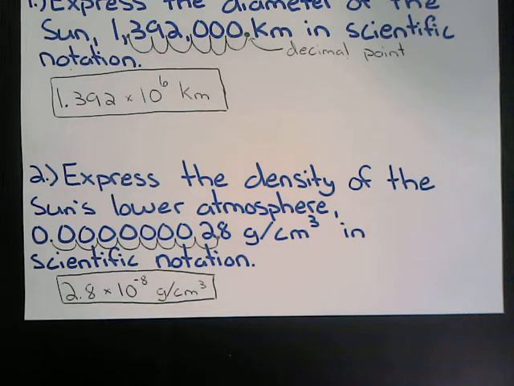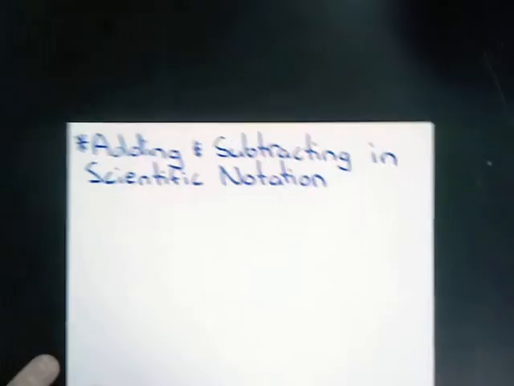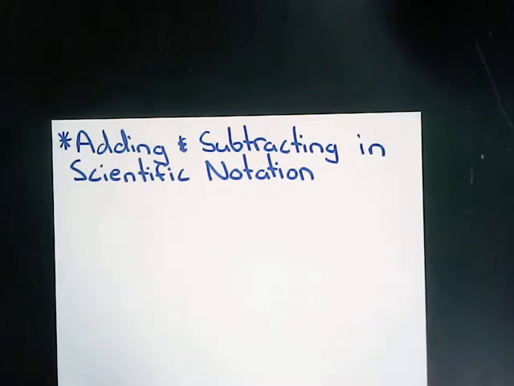Now we can go a little bit further with our scientific notation, and we can talk about adding and subtracting numbers in scientific notation. So, with scientific notation and adding and subtracting, what we need to do is this. To add or subtract numbers in scientific notation, the exponents must be the same.